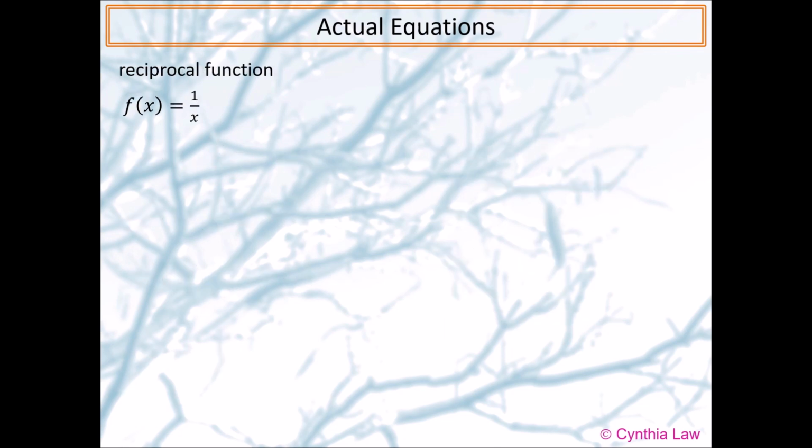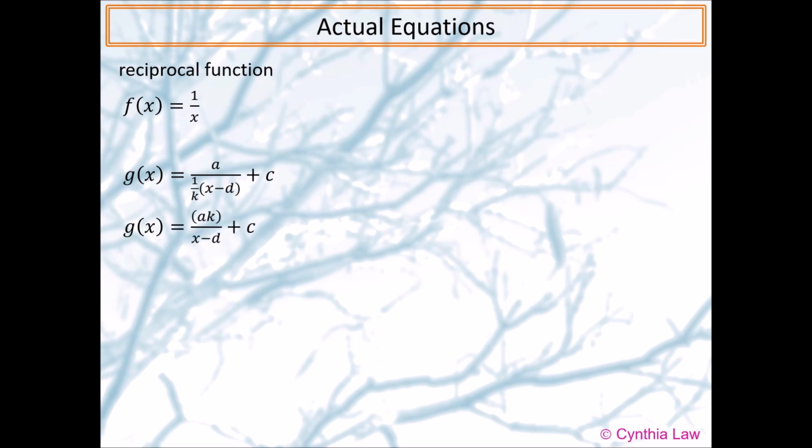The base function for the reciprocal function is f(x) = 1 over x. g(x) = a over [1/k (x − d)], and then we add c at the end. So this is what the actual equation looks like for a reciprocal function. Let's simplify it.